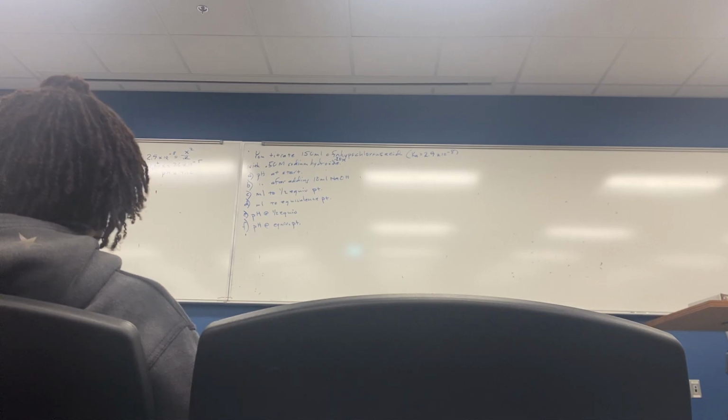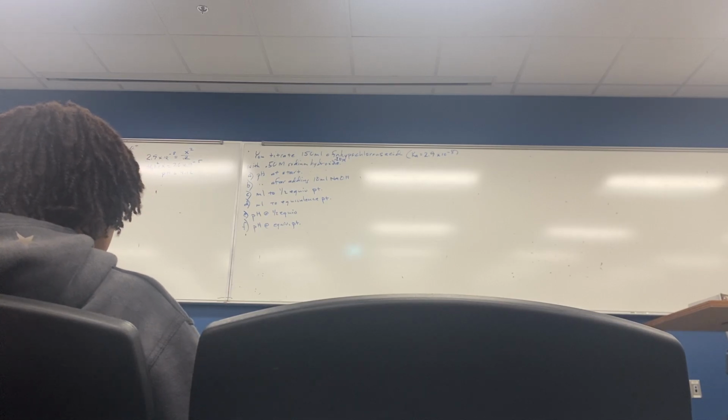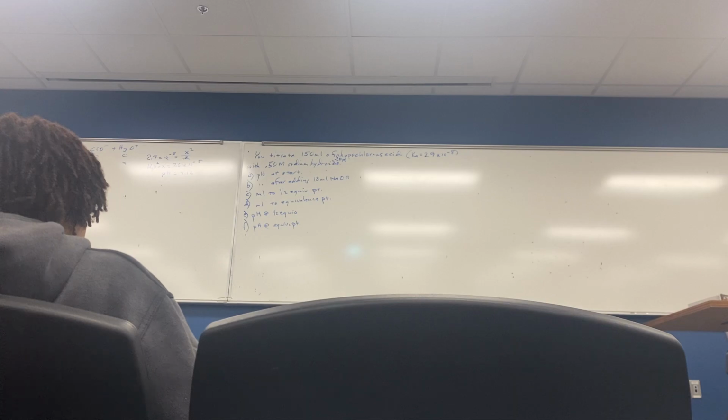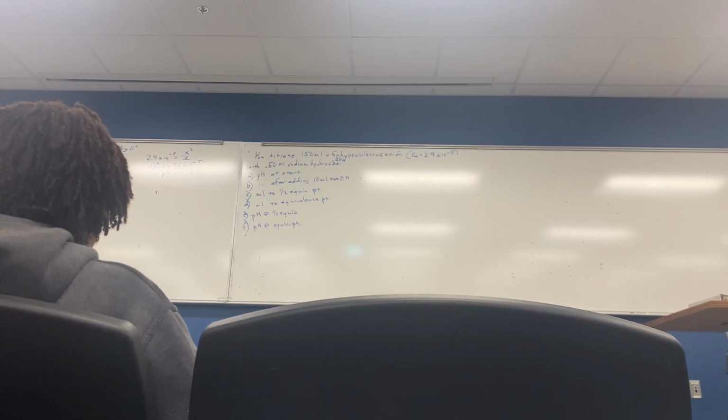So this is how many moles of HClO I have. How much liquid do I have now? How much liquid's in my beaker? 160 milliliters. I have 150, I just added 10 mils. Yeah, 160.